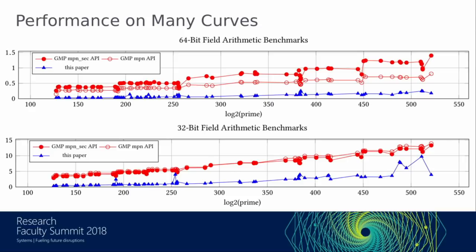And we compare against the previous highest performance generic implementation of this stuff, which is the GNU multi-precision library, which has multiple variants, one of which actually is appropriate for secure crypto-style applications where you don't leak information about inputs to your arithmetic through timing.